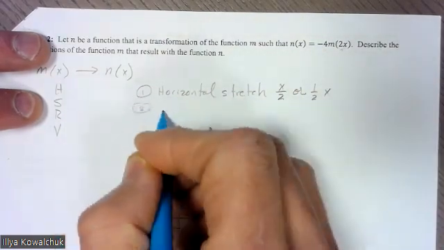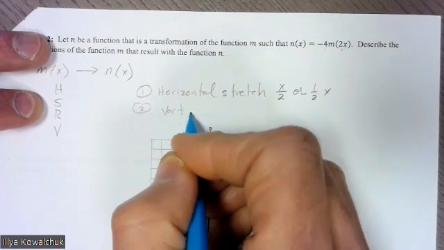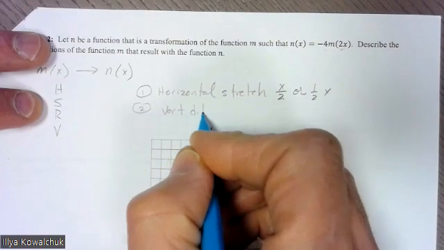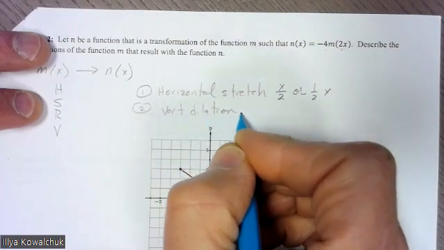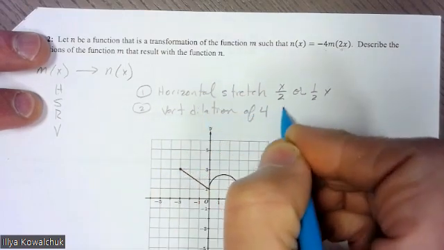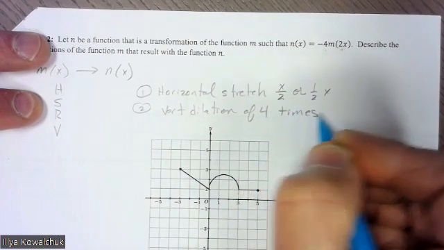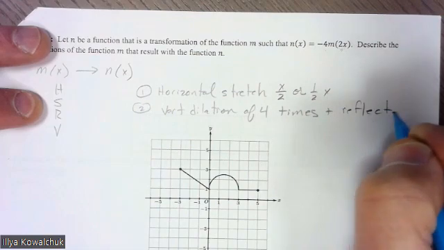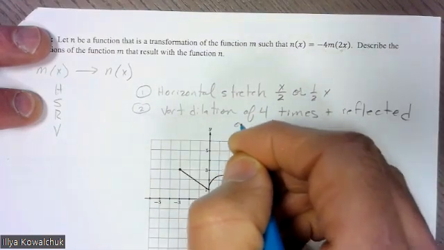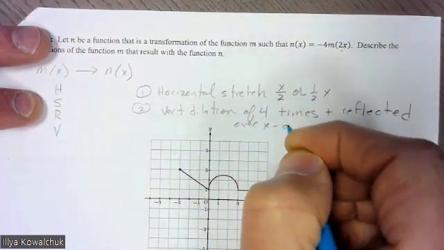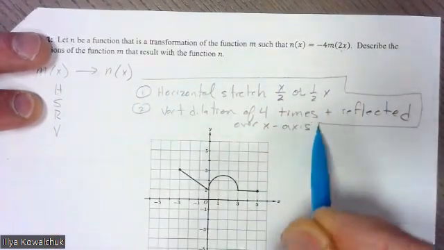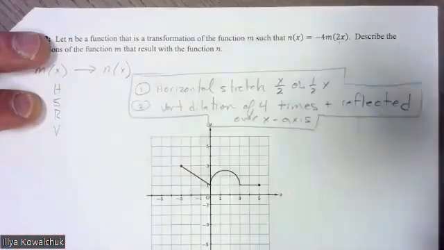And then my second one is a vertical dilation of 4 times and reflected over the X axis. Okay.